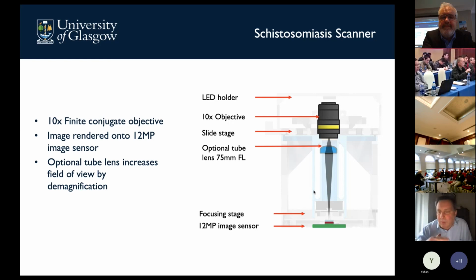We do the focus using a simple flexure, so the focusing stage is based upon flexure of that stage, bringing the CMOS in or out of focus.